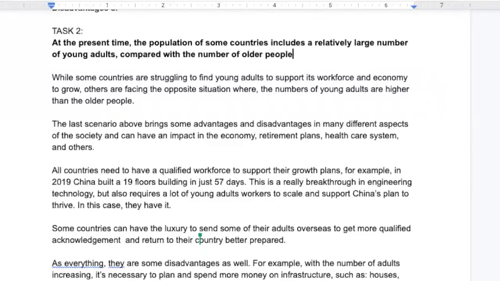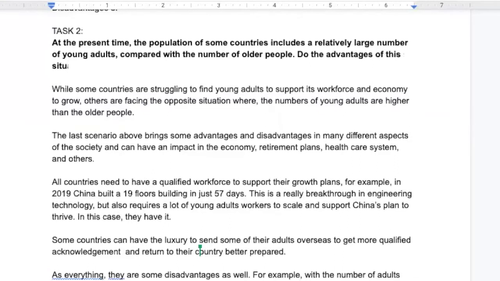And then period. Do the advantages of this situation outweigh the disadvantages? That's exactly the question.